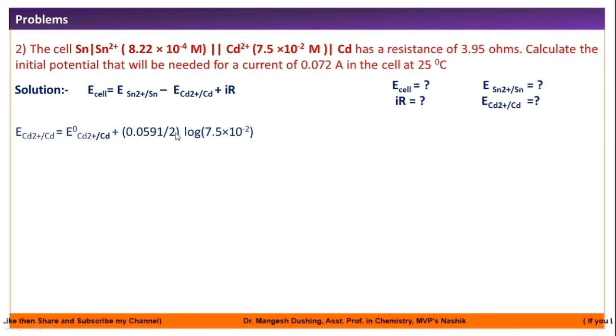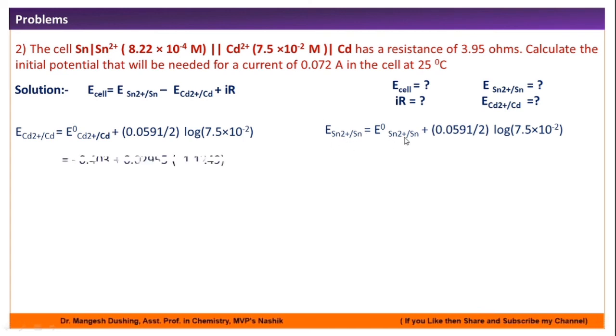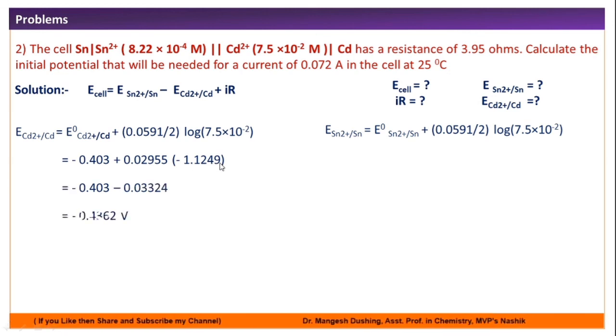This is the Nernst equation, so log of 7.5 × 10^-2. Putting in these values, the standard electrode potential for cadmium is minus 0.403. This calculation will be 0.02955. The log of this value is minus 1.1249. So after calculation, that will be minus 0.4362 volt.